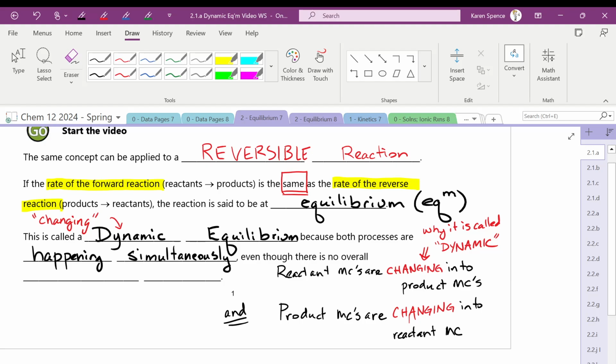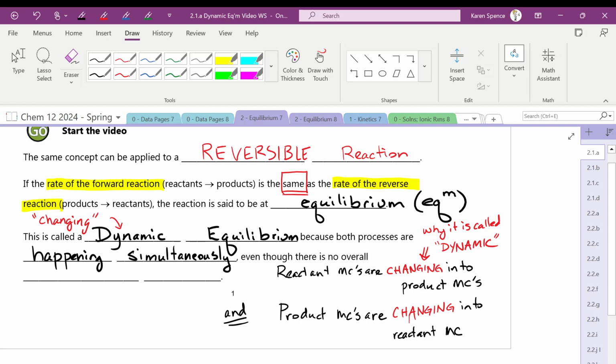Now, even though both the forward and reverse reactions are continuing to occur, can you see any observable change? Will you see, oh, look, product is being produced? No, because it's being used up at the same rate. So if you have a certain concentration of product, it's going to stay the same because you're using it up at the same rate as you are making it.